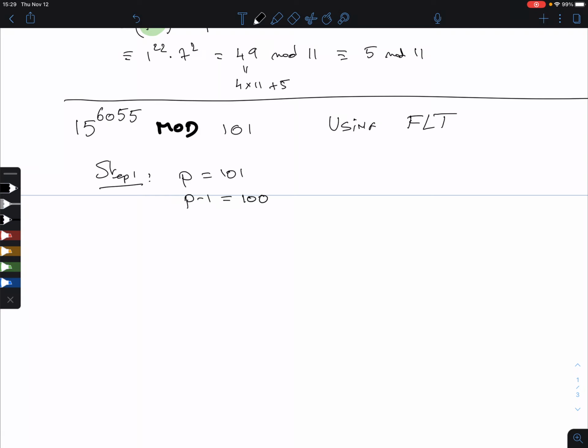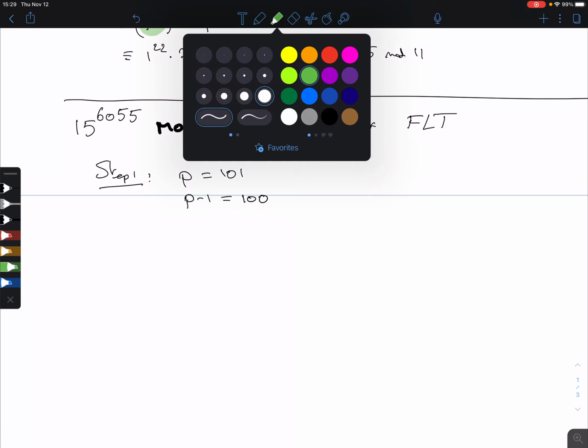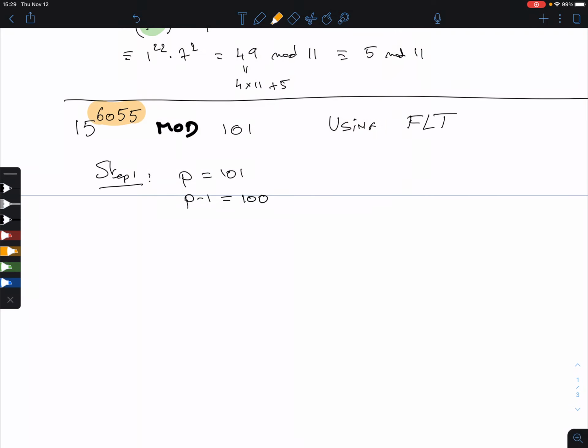So now we take the exponent. I'll color it so that you see where it comes from. This exponent 6055, I calculate mod 100. Let me write it like that. So mod 100, what is that? I have to write this as a multiple of 100, so that is 60 times 100, that's 6000, plus 55.